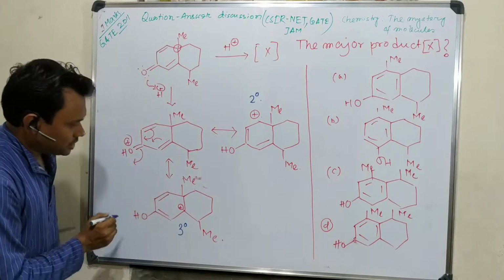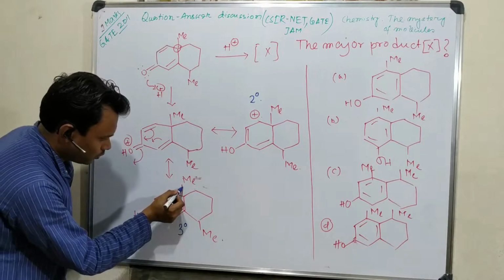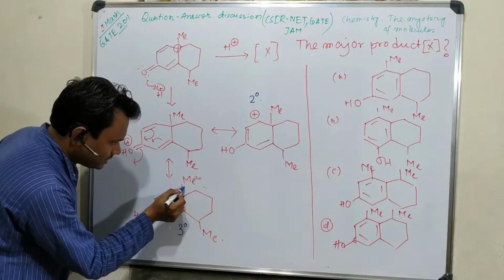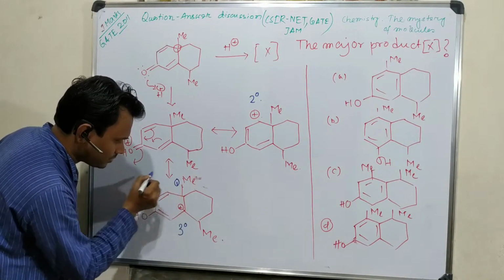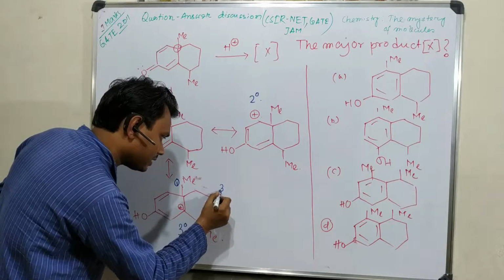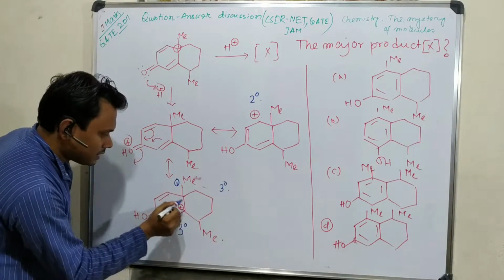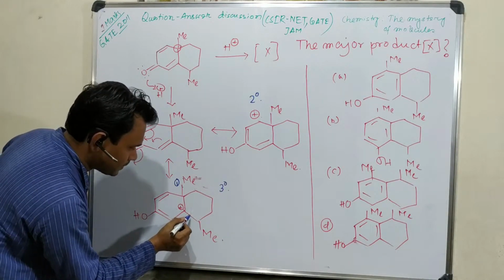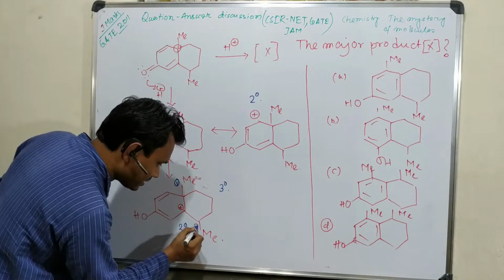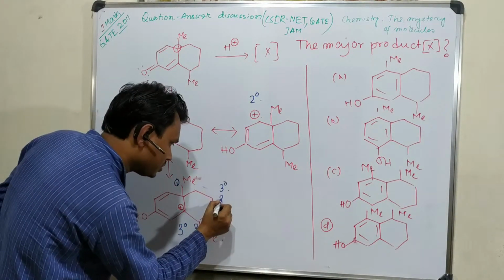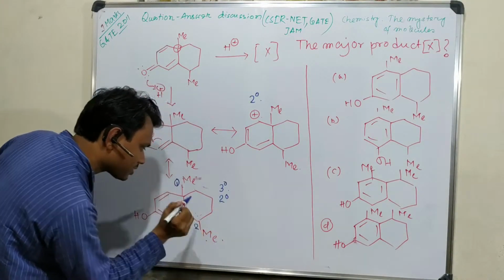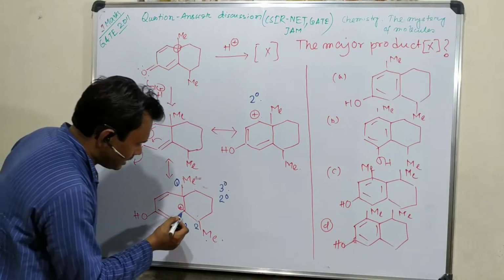If this tertiary carbocation is here, what can migrate? This methyl group can migrate, option 1, which will result in another tertiary carbocation. Second, this methyl group can migrate, option 2, and it will ultimately produce a secondary carbocation.